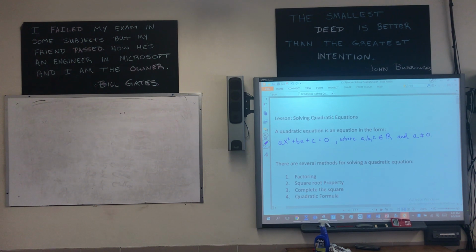But a, b, and c, okay, that weird looking e there is a set notation symbol, which refers to the phrase "is an element of." Sometimes people phrase it as "belongs to."